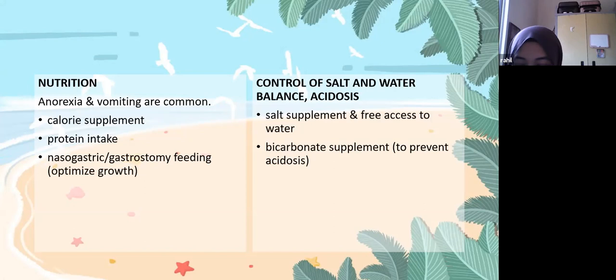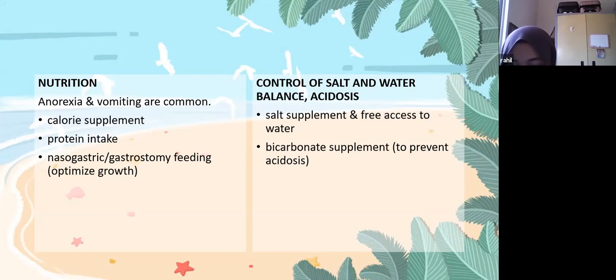Then we need to control the salt and water balance as well. With an appropriate diet, most children can maintain the normal amount of sodium and water, but in those with congenital abnormalities and renal dysplasia, the children can be polyuric, so they will lose a lot of salt and water.